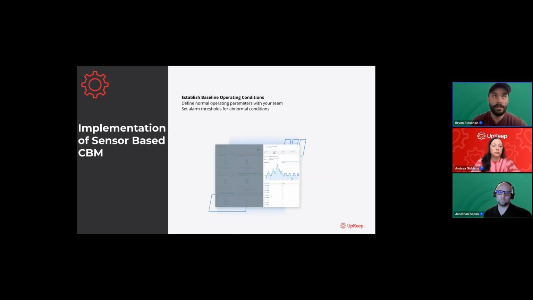All right. This is a huge one, and it's often overlooked, which is you have to know a baseline condition. You have to know essentially what good looks like. You're not going to know when an anomaly or a threshold of an anomaly is occurring if you don't even know what good looks like. I'm making stuff up, but if I have a filter where I want to monitor the differential pressure, right?